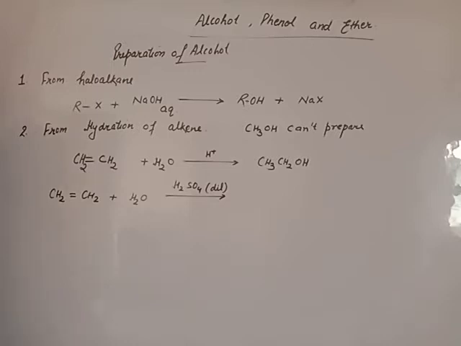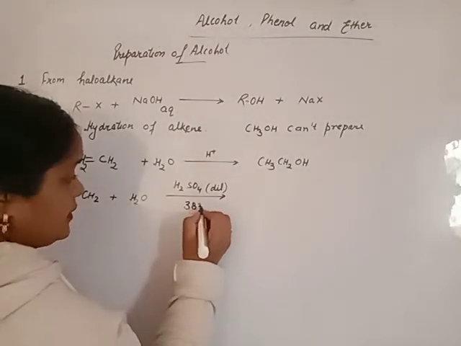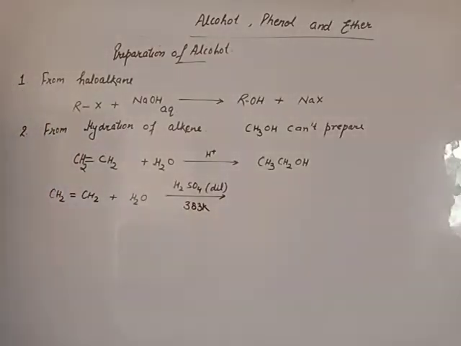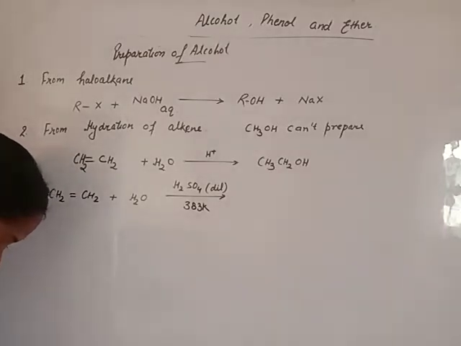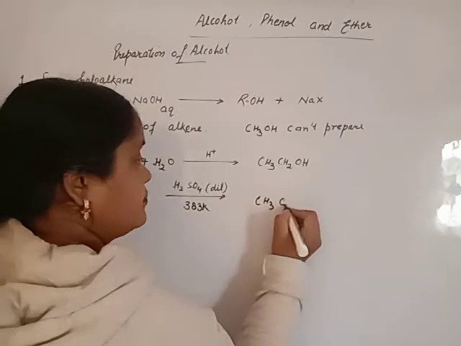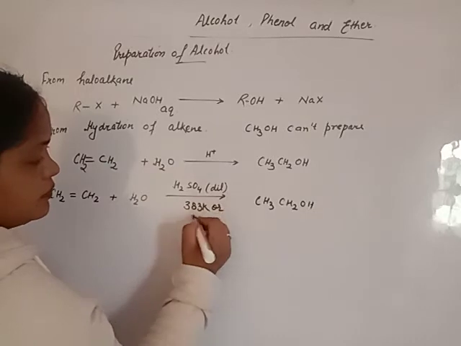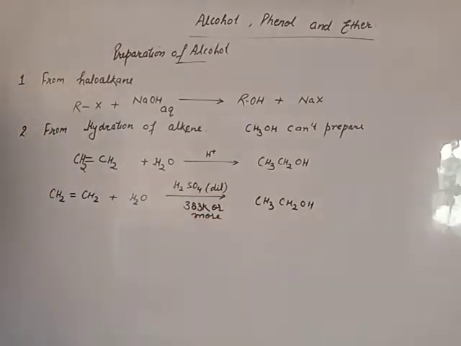Dilute sulfuric acid is used for addition of water. Dilute sulfuric acid at 383 Kelvin temperature gives alcohol. At this temperature or more, the same product is formed. If I change the temperature, nothing will change. Clear?